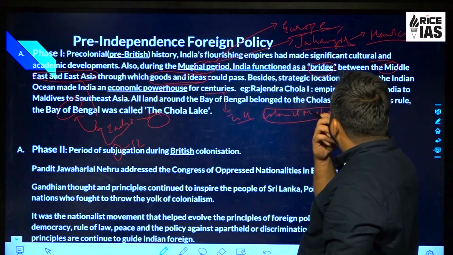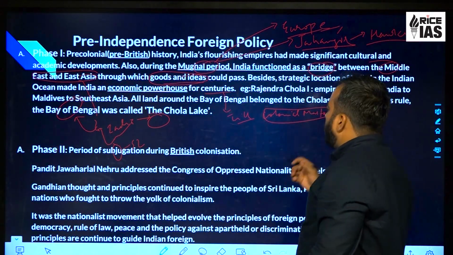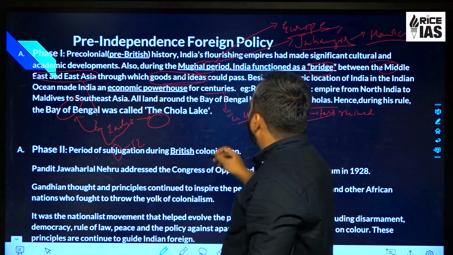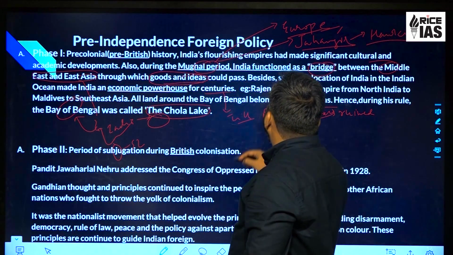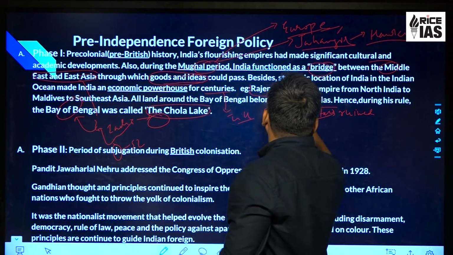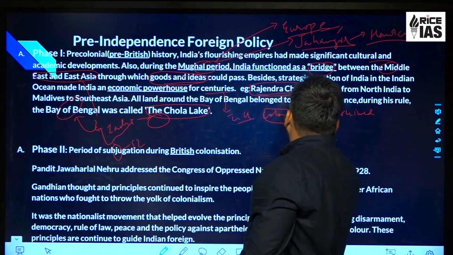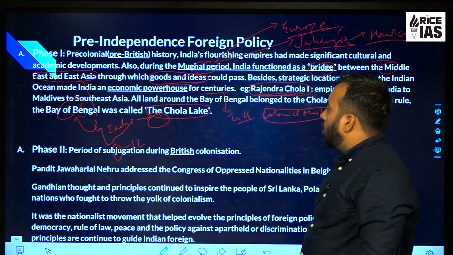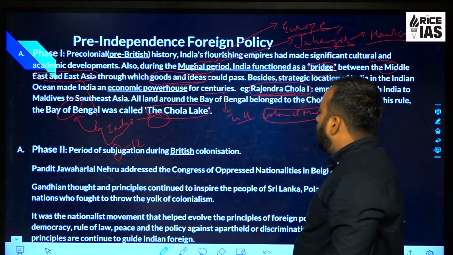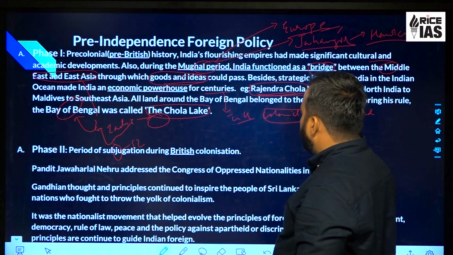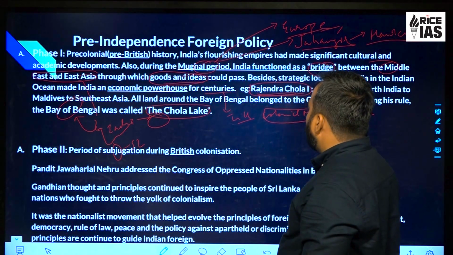Going back to ancient times, the Bay of Bengal was called the Chola Lake because the power of Rajendra Chola went till Southeast Asia. Now, the period of subjugation.